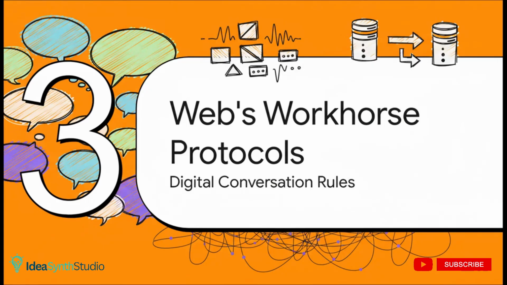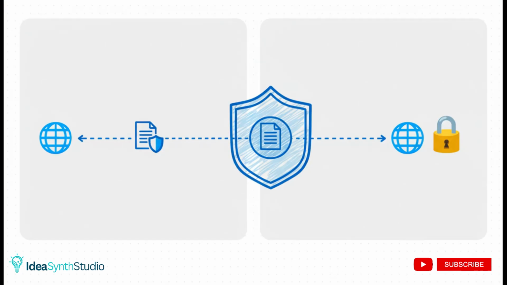So, how does it manage all of this? Well, the layer relies on a set of rules, or as they're officially called, protocols. You can just think of these as the specific languages that different apps use to have a structured and effective conversation over the internet. Let's check out some of the big ones. First up, the absolute bedrock of the web, HTTP. Every single time you load a web page, that's HTTP in action.